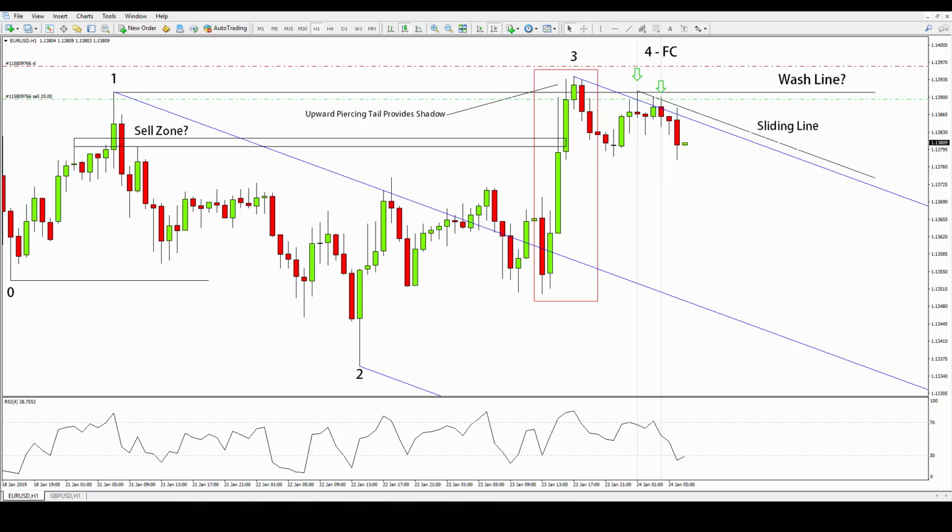The trade you see opened in this video was triggered precisely at the moment where price touched the sliding line for the second time, which is marked by the second green arrow pointing down. Interestingly, this same candle is also a fractal candle, agreeing with the context we have so far. The stop-loss order for this trade comes from the market maker strategy, and it's placed above high number 3 because that's a safe place under the light of what market makers seem to be doing here.